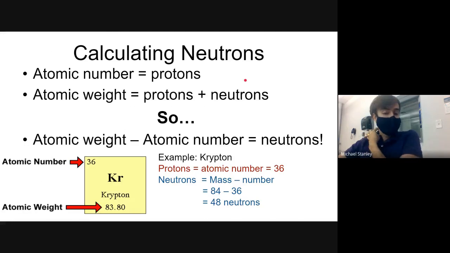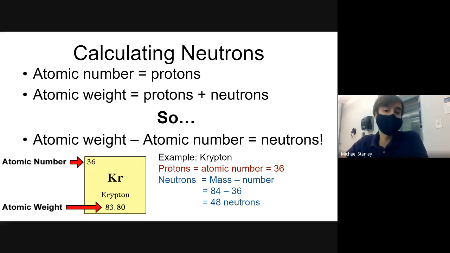All right, so we talked about our protons, that atomic number. We talked about our neutrons, which is where we have to do minus, right? The weight minus the number. But there's one more of those particles that we're missing, our electrons. So how are we going to figure out how many electrons are in each one of our atoms?